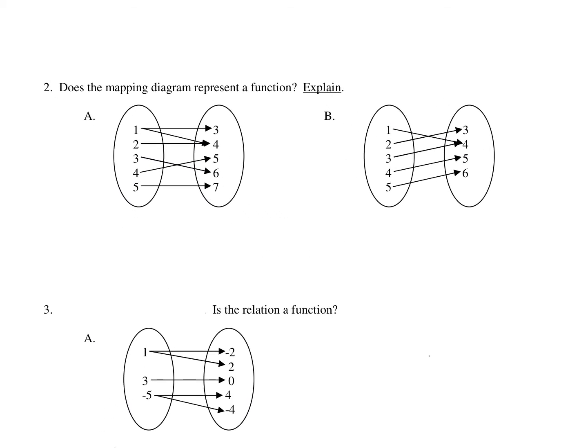For number 2, does the mapping diagram represent a function? What do we think? No. Why? You can't have 2 arrows coming out of one number in your x's. This is our x, this is our y. Can't have 2 arrows coming out of an x, so this is not a function.